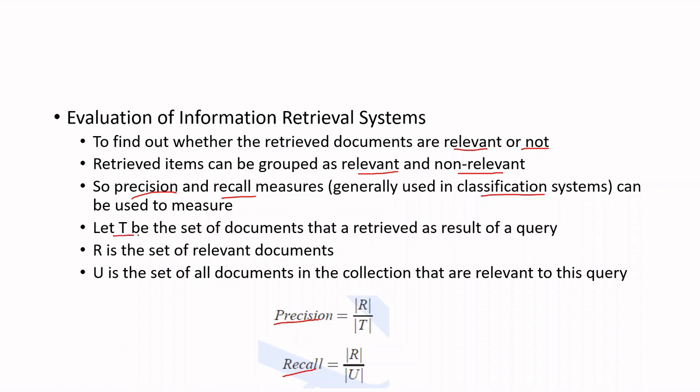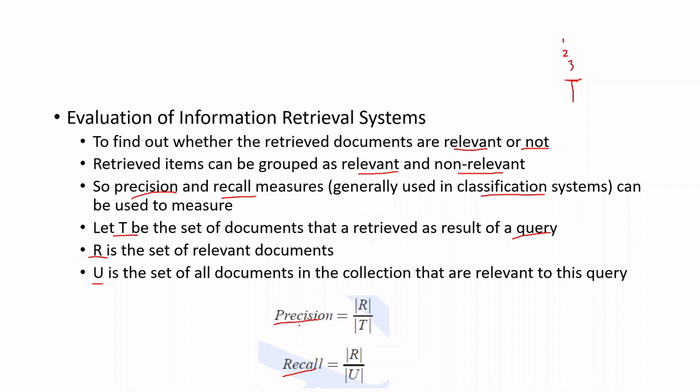Now, let T be the set of documents that are retrieved as a result of a query. We have T documents retrieved as a result of a query. Now, R of them are relevant documents, and U is the set of all documents in the collection that are relevant to this query. So T is the total number of documents retrieved by the system, out of which R is the relevant set.